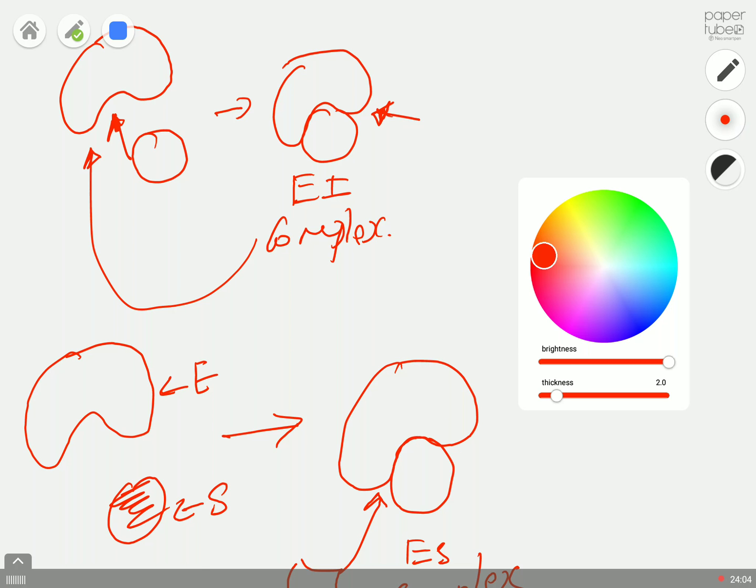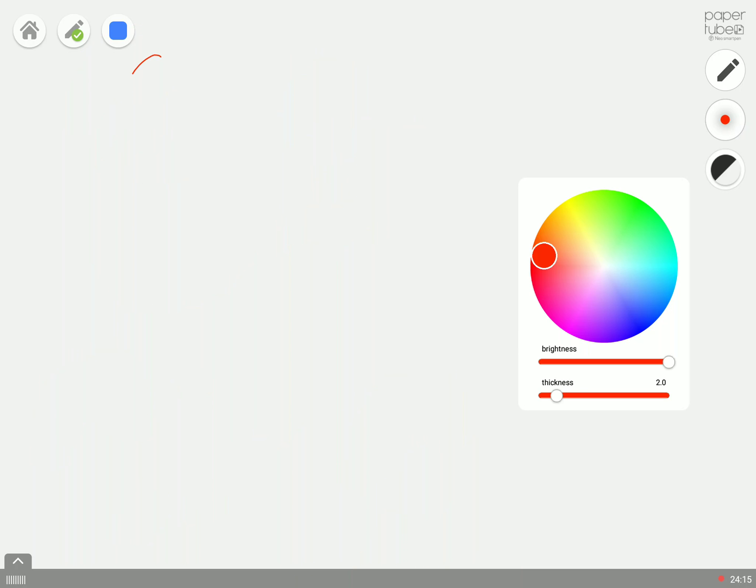These are the two things you have to remember. And in some cases your enzyme can, I don't know how to draw that one, it's a bit complex. Say you have an enzyme like that.